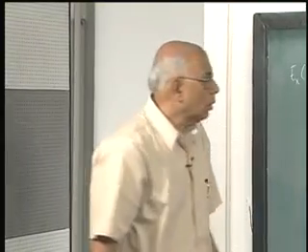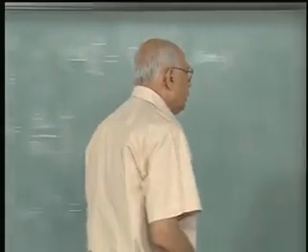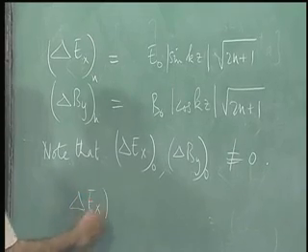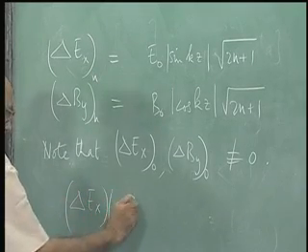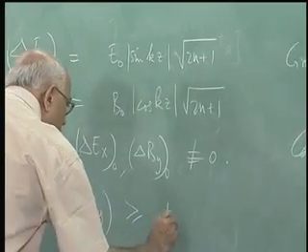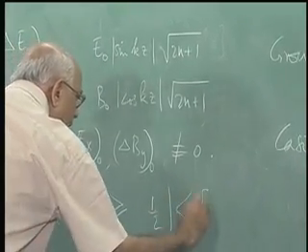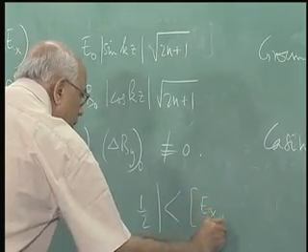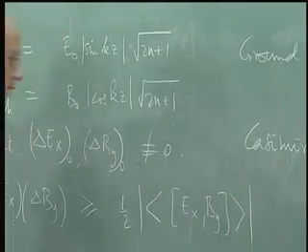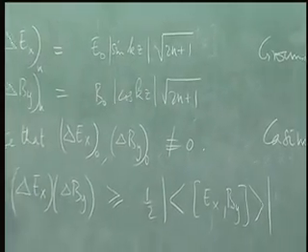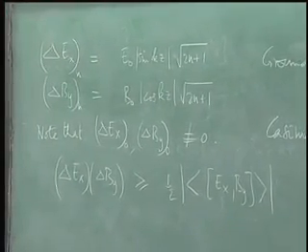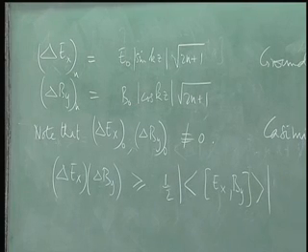Notice that in any state you must definitely have delta Ex, delta By greater than or equal to 1/2 the magnitude of the expectation value of the commutator of Ex with By in that state. That is easily verified in this case.